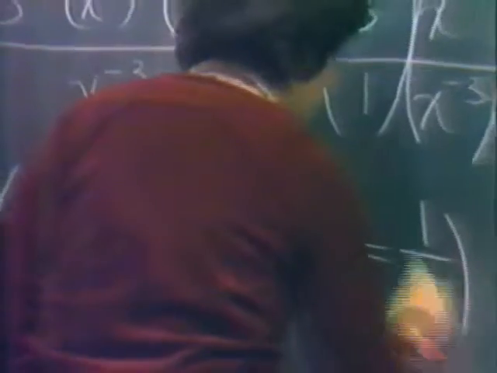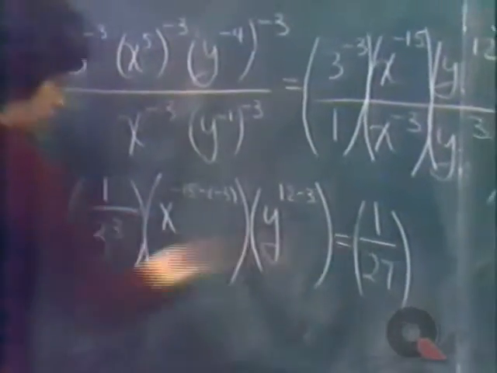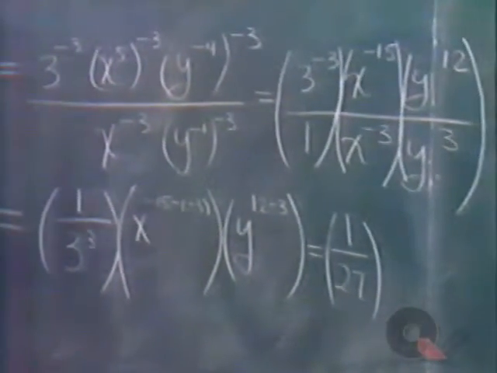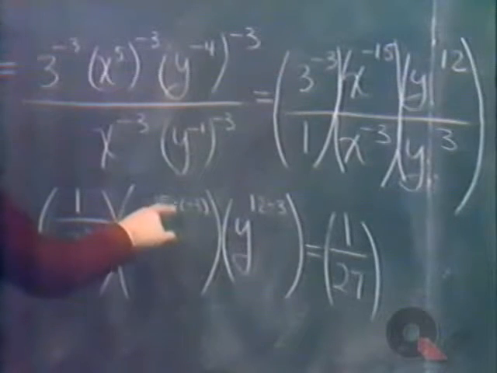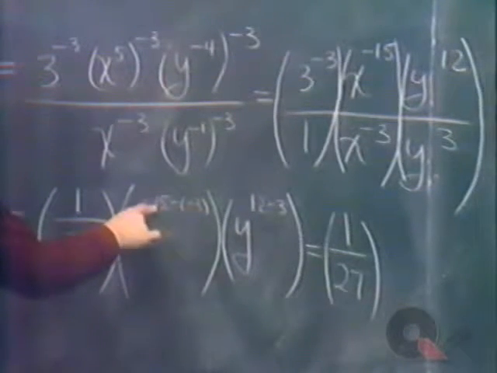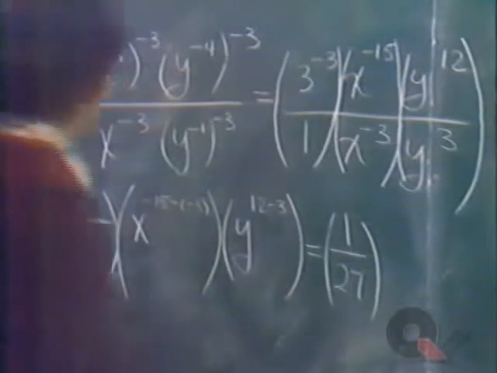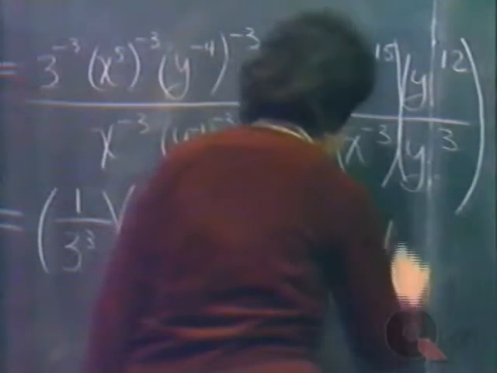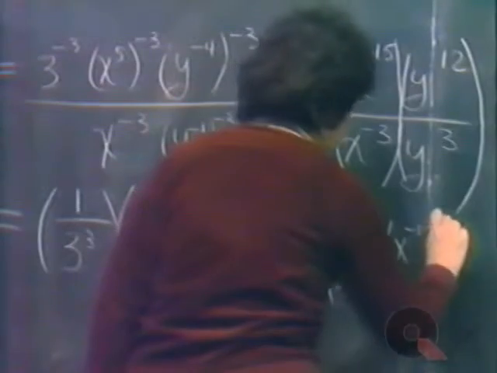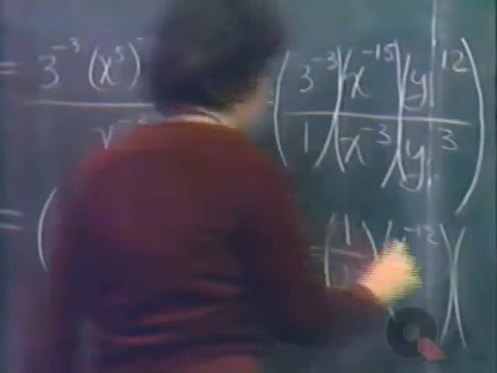Okay, that's 1 over 27. 3 cubed gives us 27, 3 times 3 times 3. x to the minus 15 minus a minus 3 is minus 15 plus 3. That's minus 12. So we get x to the minus 12, and here y to the 9th.